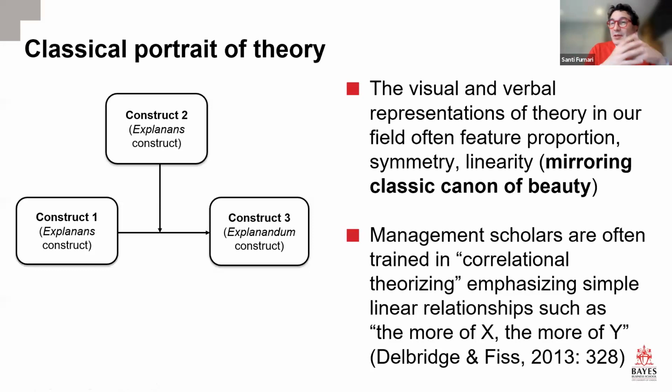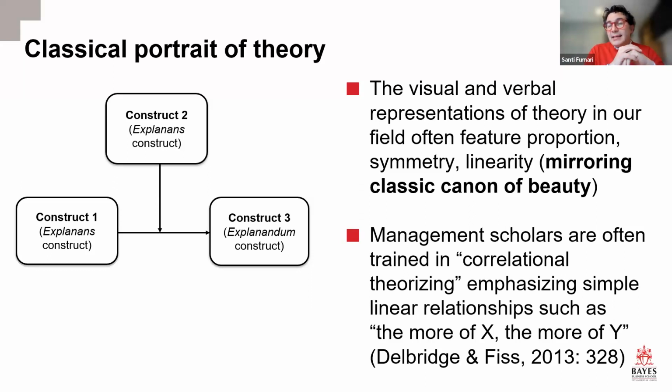The more of whatever, differentiation in an organizational structure, the higher the performance of the organization. That statement is inherently and by definition symmetrical, and is often proportionate in terms of the kind of words you use, which are almost symmetrical and match each other, right? In the first part of the sentence and in the second part of the sentence, and that statement is also linear.